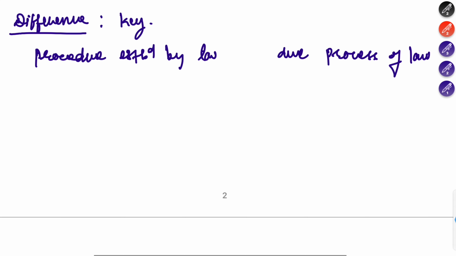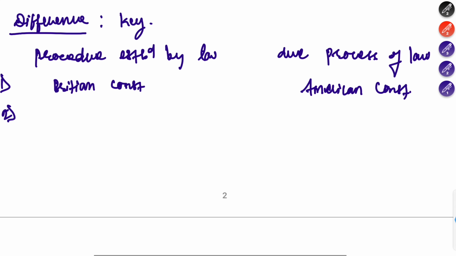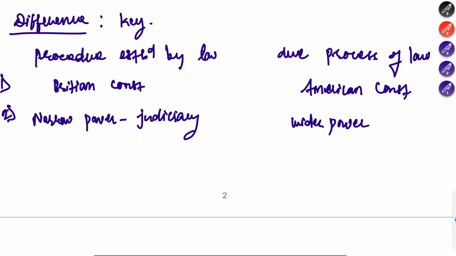The first difference: this is the British constitution, this is the American constitution. The second: procedure established by law gives narrow power on the judiciary. In due process of law, wider power on the judiciary.